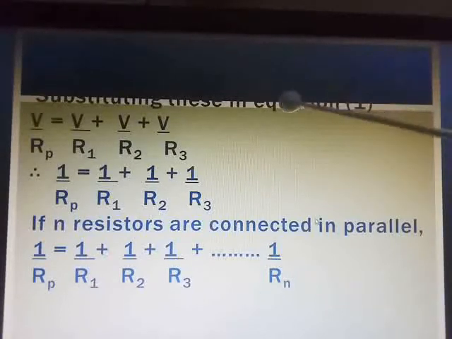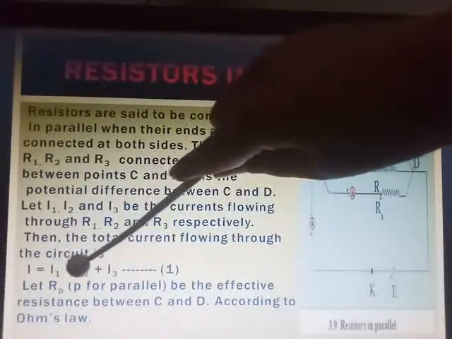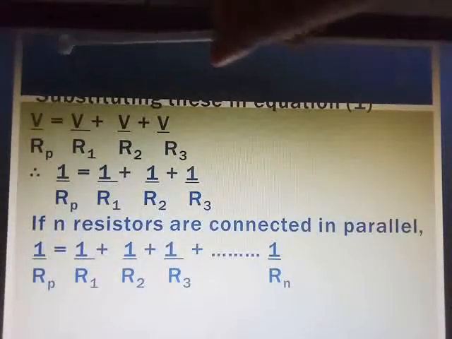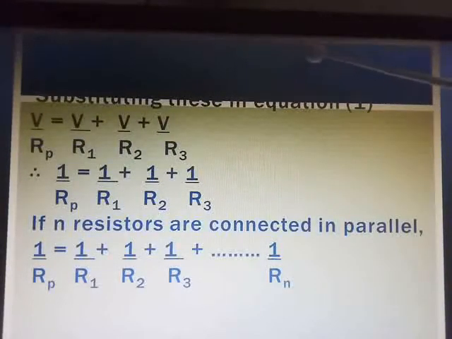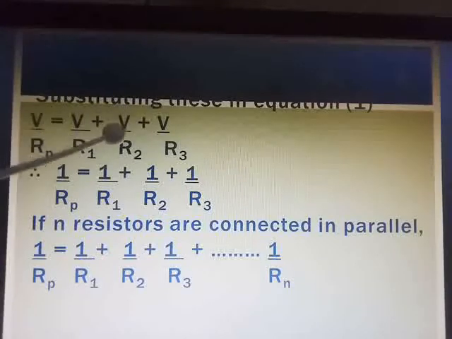Now, substituting in our first equation, which equation? This equation, I is equal to I1 plus I2 plus I3. In this equation, you are going to substitute the values of I, I1, I2 and I3. So, you will have in place of I, V upon Rp is equal to V upon R1 plus V upon R2 plus V upon R3.